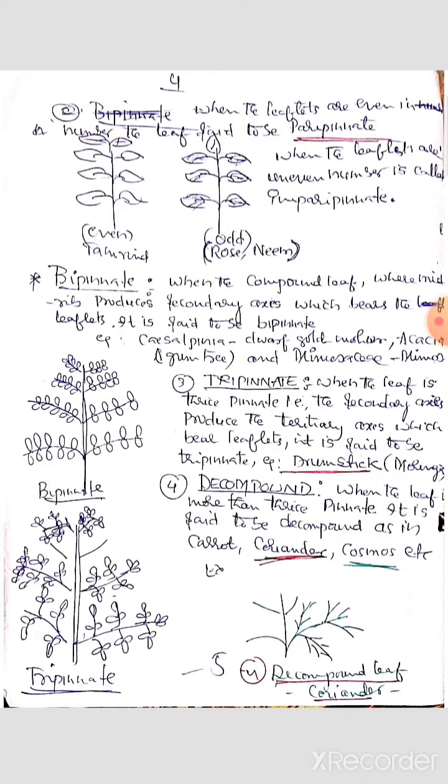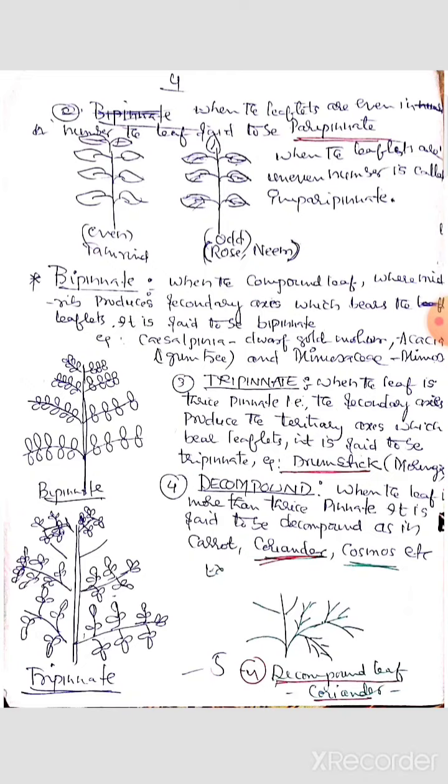It is called bipinnately compound leaves. Examples you see in Caesalpinia, dwarf gold mohor, acacia, and Mimosa. You can see the diagram. This is bipinnately compound leaves.